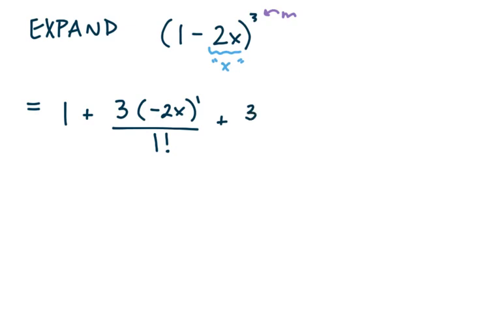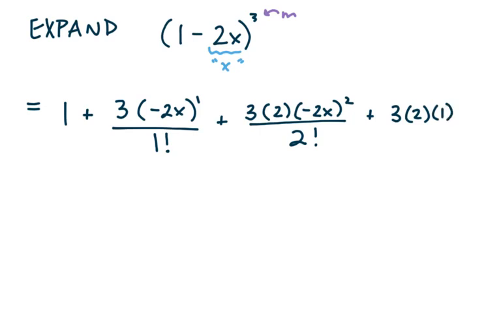plus 3 times 2, and then negative 2x squared over 2 factorial, plus 3 times 2 times 1, negative 2x cubed divided by 3 factorial.